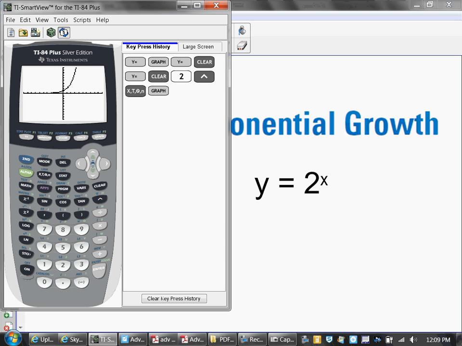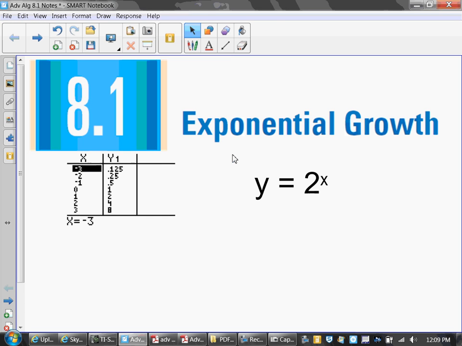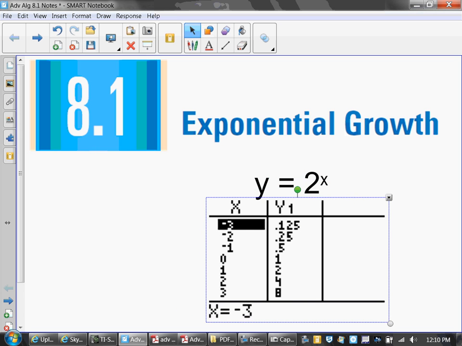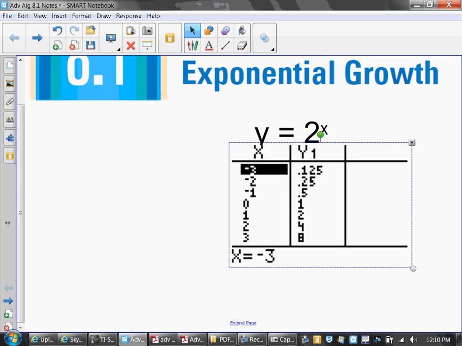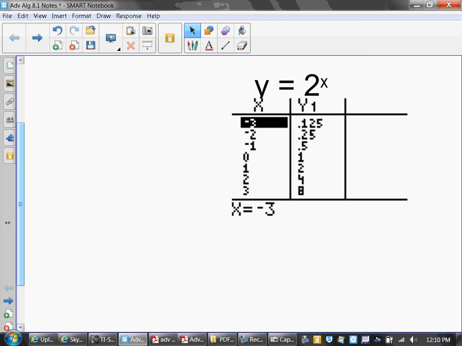Okay. Now, what I'd like to do is walk through with you guys what is actually happening in this graph. So when you're looking at the table, you've got y equals 2 to the x.